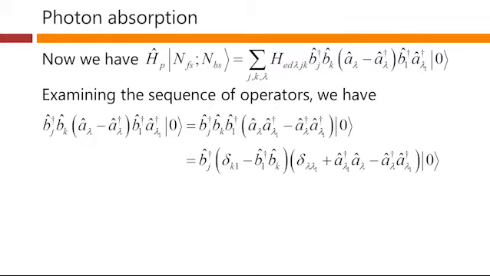So note that we've been able to swap these 2 operators. We've acquired a Kronecker delta here, which will be 1 if mode lambda is the same mode as mode lambda 1. And we have this pair of annihilation and creation operators here with the annihilation operator on the right.